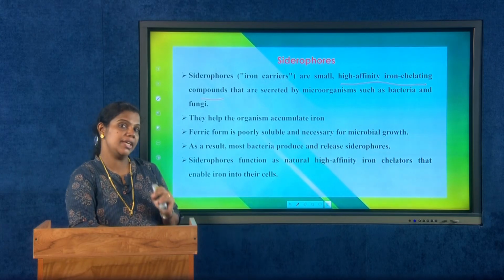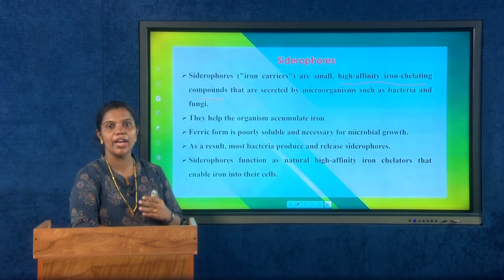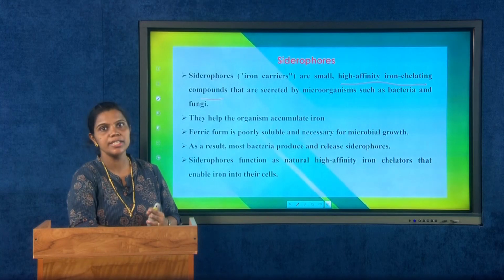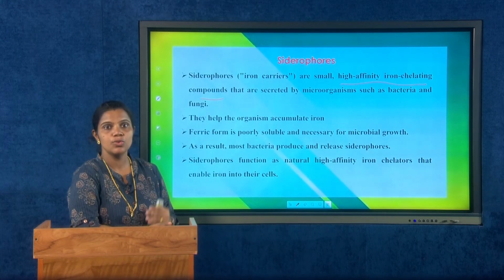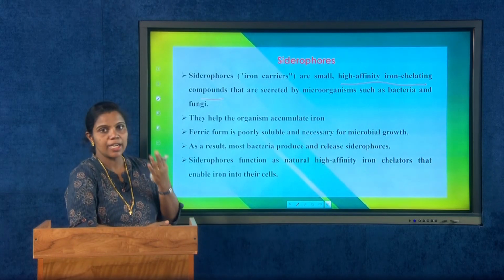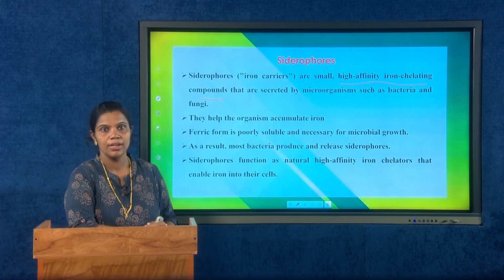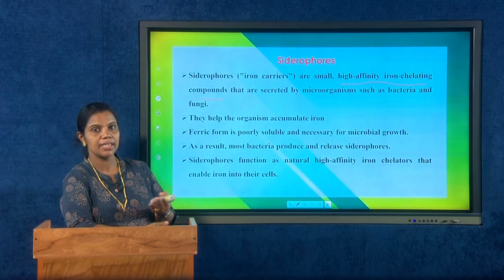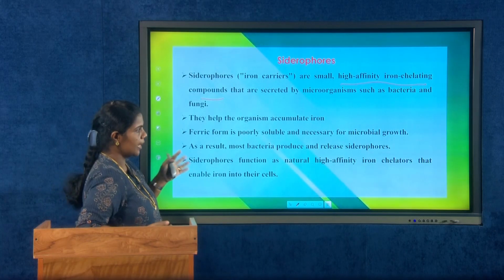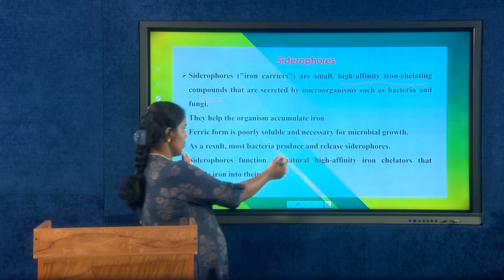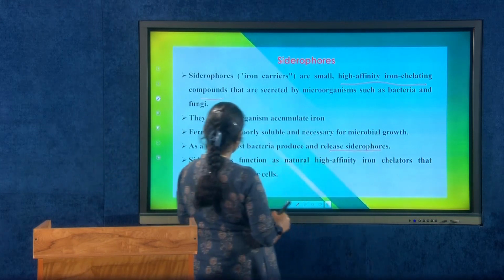These help the microorganisms to accumulate iron, which is essential for these lower organisms. Ferric ion is poorly soluble and it is necessary for microbial growth. So, bacteria need iron and they produce and release siderophores.